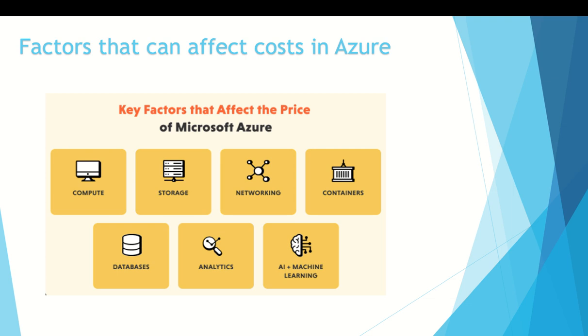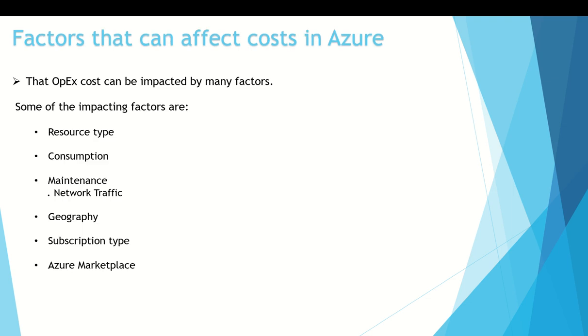The opex, the operational expenditure, can be impacted by many factors. Some of the impacting factors are resource type, consumption, maintenance, geography, subscription type, and Azure Marketplace. So these are the impacting factors. We'll discuss them one by one.